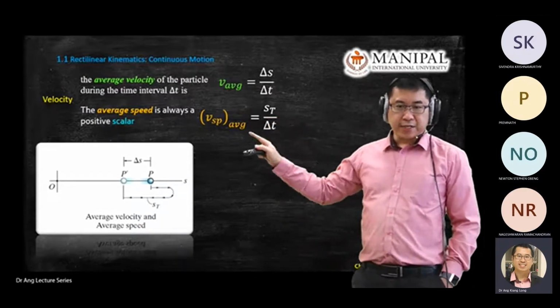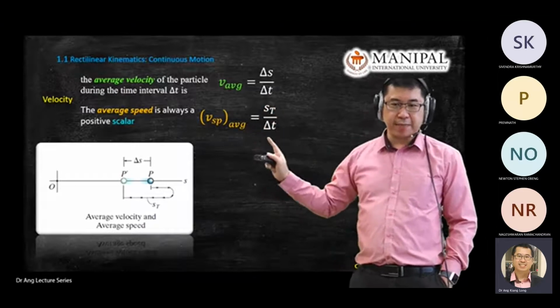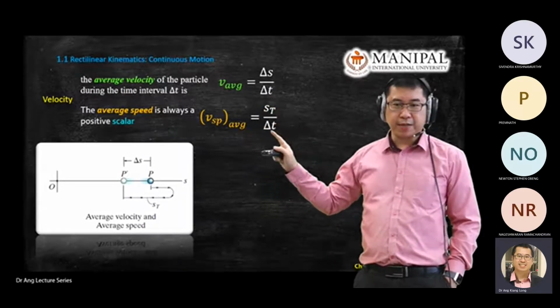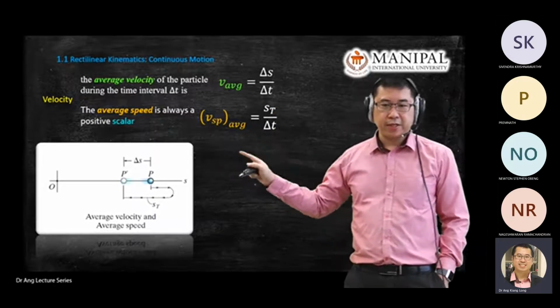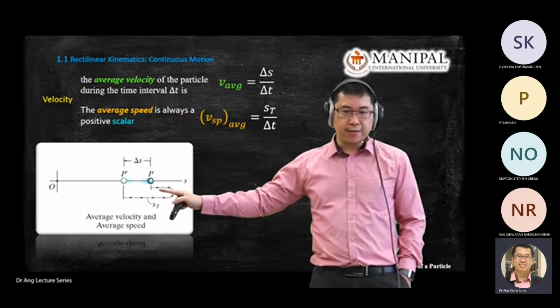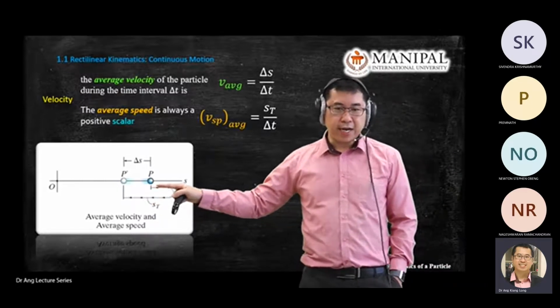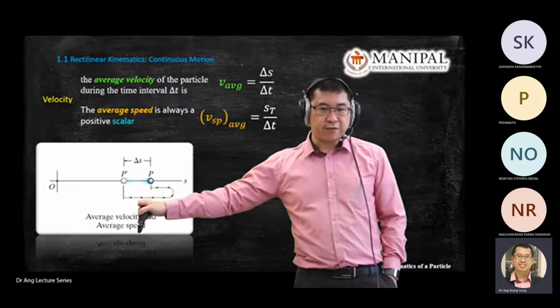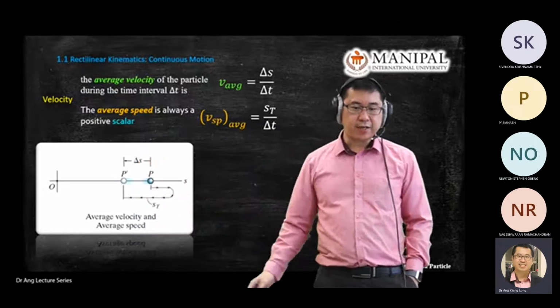Thank you. As you can see from the diagram, the time is the same. However, if you look at the speed dimension, it concerns the distance traveled. And in this diagram, the length of this curve is longer than this delta s.